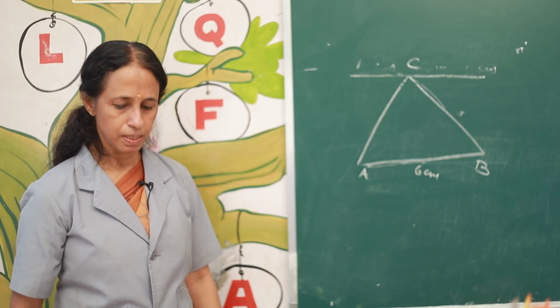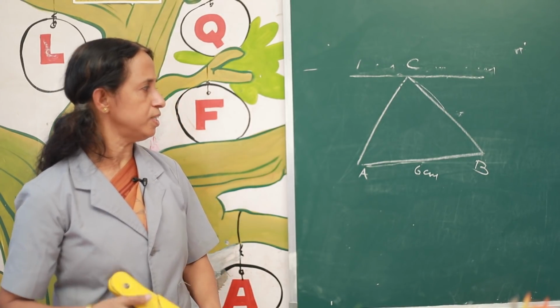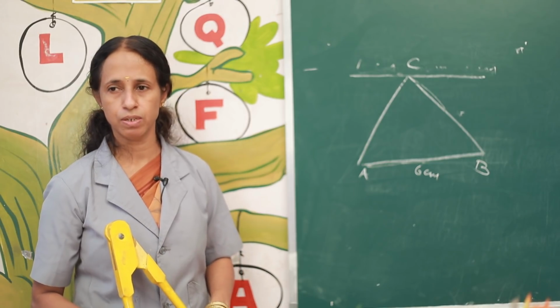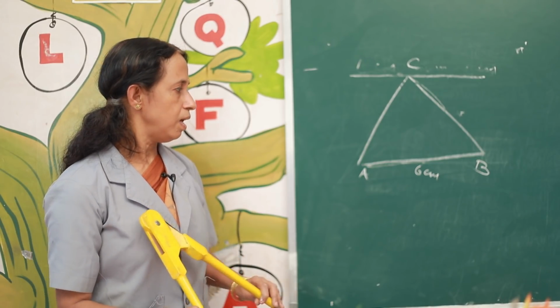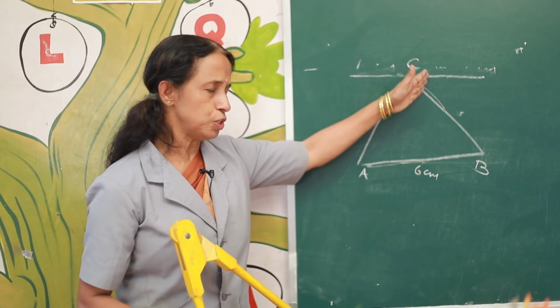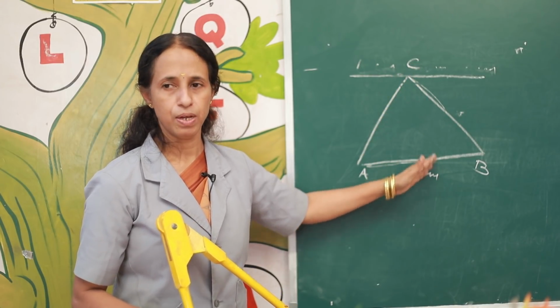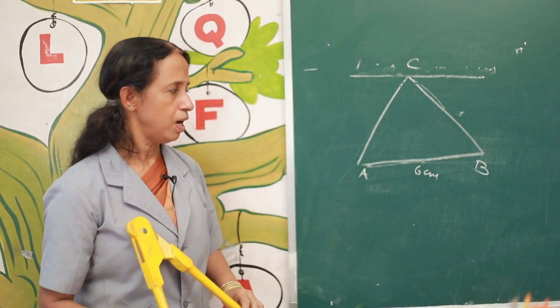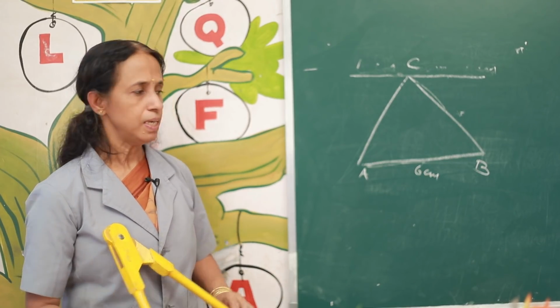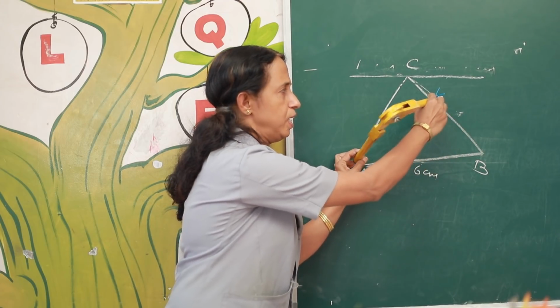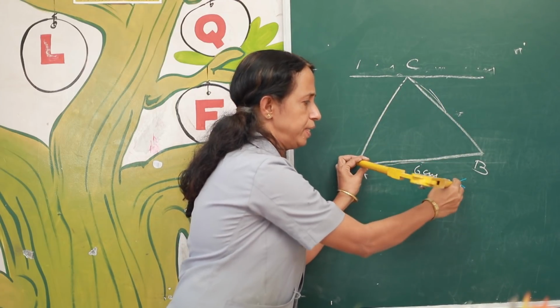Next, draw an isosceles triangle with the same area. That is the question. But first, draw a perpendicular line to AB. How can we draw this? Take more than half of this side and draw an arc up and down.